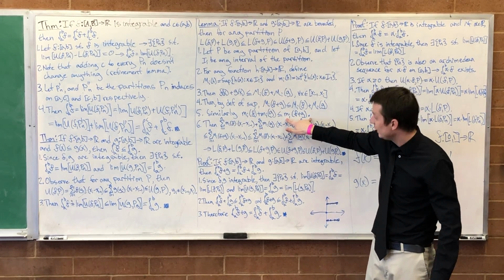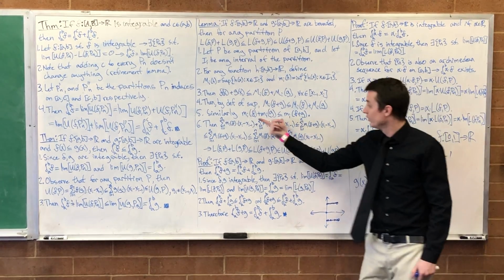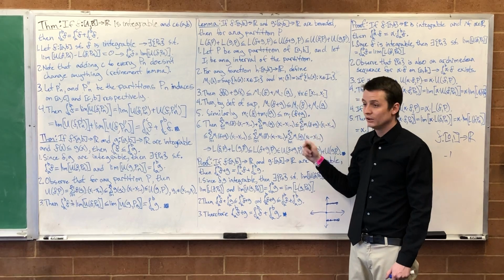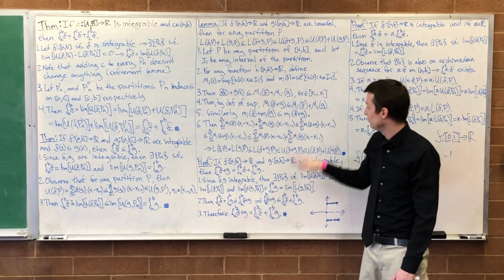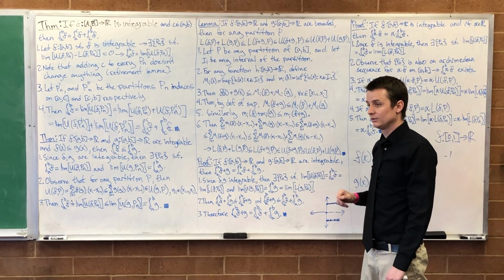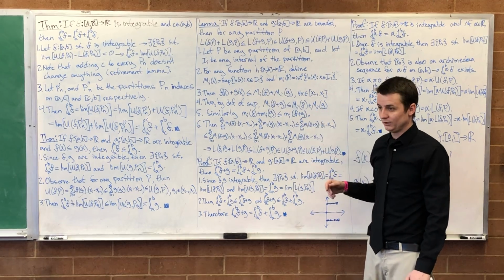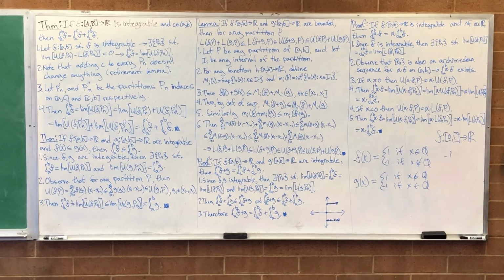This is the greatest lower bound for this. Therefore, this is less than or equal to this. Greatest lower bound, a lower bound, greatest lower bound. Same way this was an upper bound, least upper bound. That make sense? It's almost identical thinking. It's just going to flip your inequalities because we're talking about infimum instead of supremum.